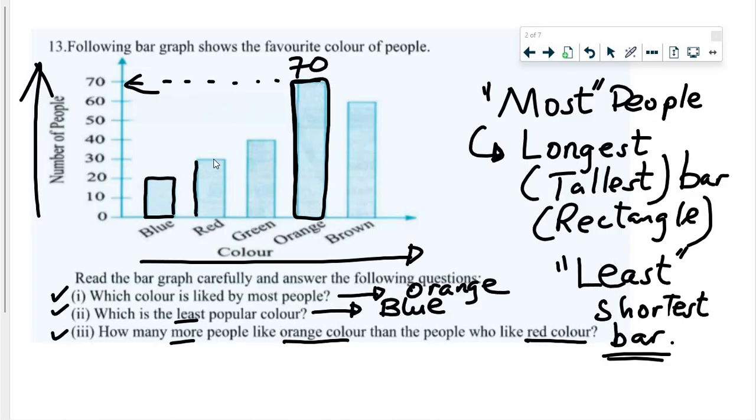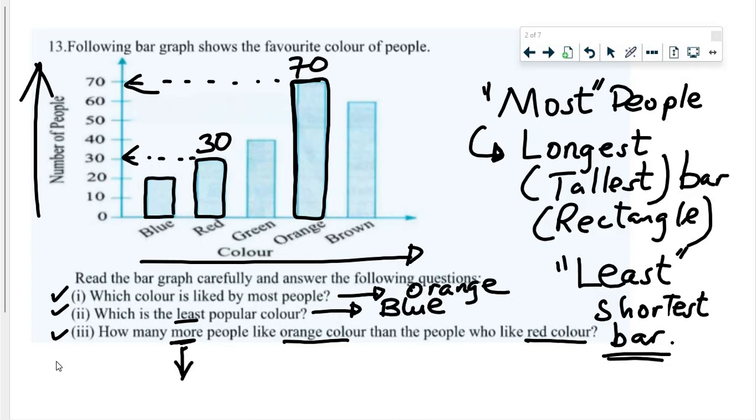So red color, go ahead and read the number, 30. So how many people like red color? 30 people. How many people like orange? 70 people. Now here, how many more people like orange color than the people who like red.